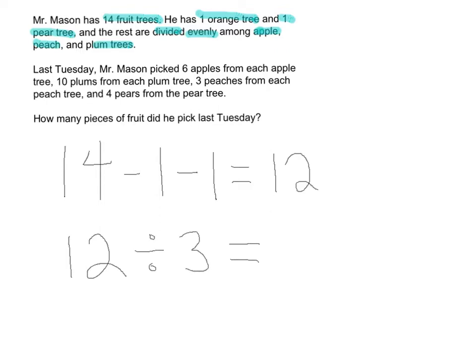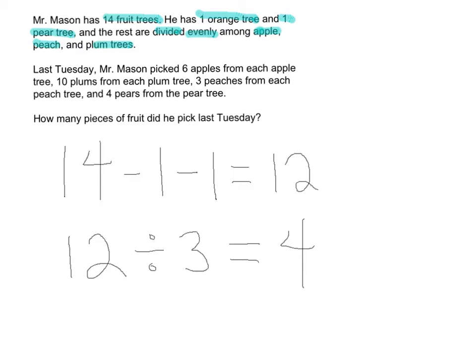If I split 12 into 3 groups, I would have 4 in each group, because 4 times 3 equals 12. Now that I have my 12 divided by 3 is 4, I know there are 4 of each type of tree. There are 4 apple, 4 peach, 4 plum trees, and there are 1 pear and 1 orange.